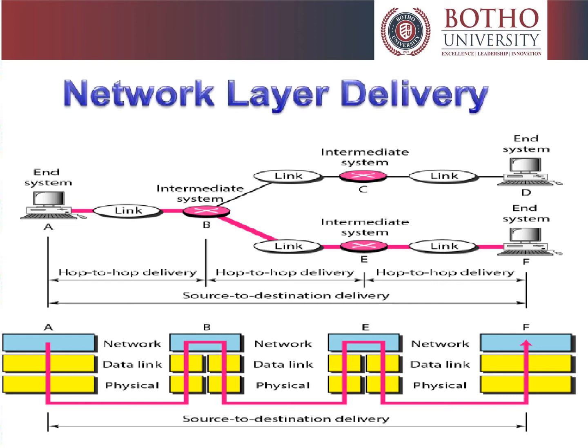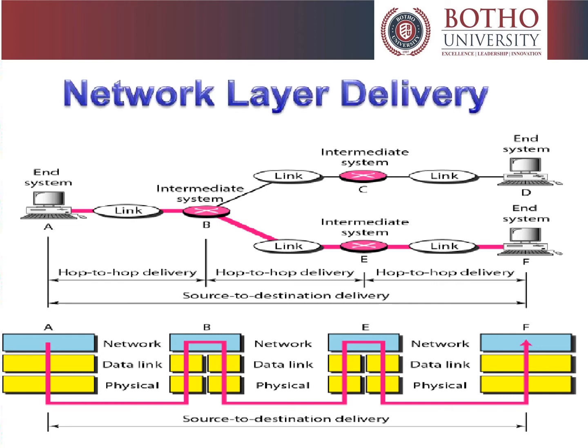The relationship of the network layer to the data link layer and transport layer is clearly shown in this image. As shown in the image, we are expected to make a source to destination, that is end-to-end delivery. The sequence of events takes place as follows. At first, the network layer of end system A sends the packet to the network layer of the intermediate system B, which is a router.